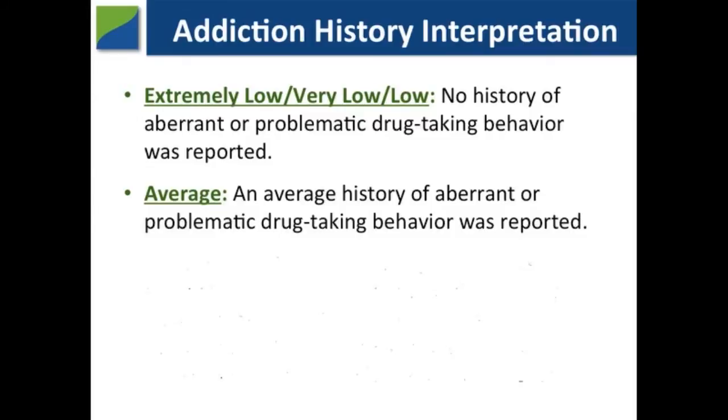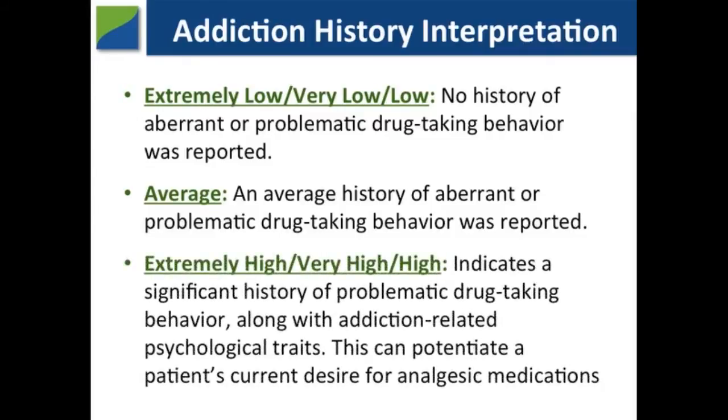A high score indicates a significant history of problematic drug-taking behavior along with addiction-related psychological traits. Now, this doesn't necessarily mean that the patient is currently using or addicted, just that they have had this pattern in their life at some point, and there's a risk that under stress, if given a medication on which they could become dependent, they are at increased risk for relapsing into old behavioral patterns.